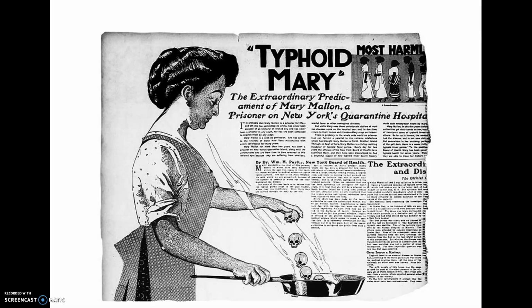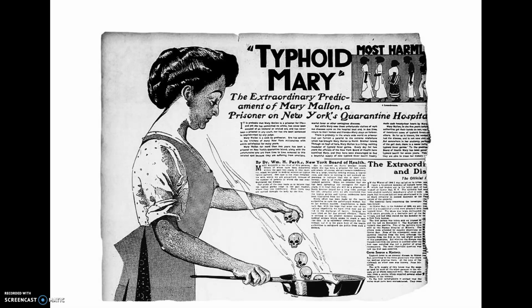Now, one of the great stories in the past is about a lady named Mary Mallon, and they called her Typhoid Mary. The reason is because she was a passive carrier of typhoid. She didn't know this. She was never sick, and she didn't believe that she was a carrier.